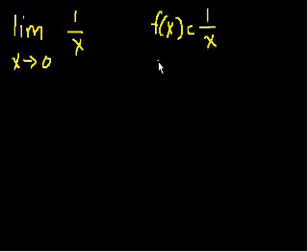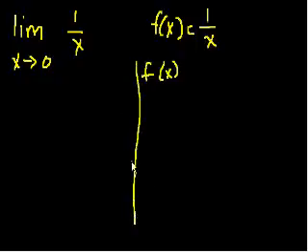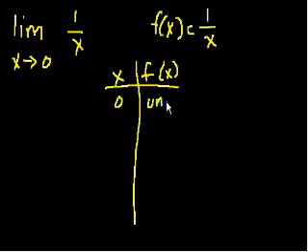So actually, let's make a table. F of x, and x. So clearly when x is equal to 0, it's undefined. 1 over 0 is undefined.